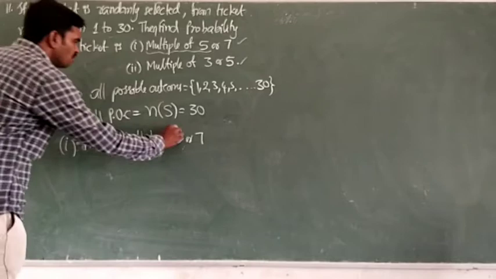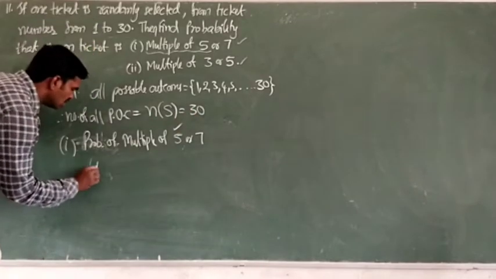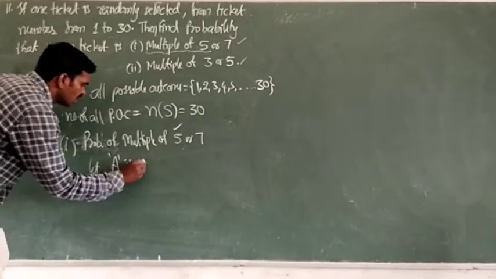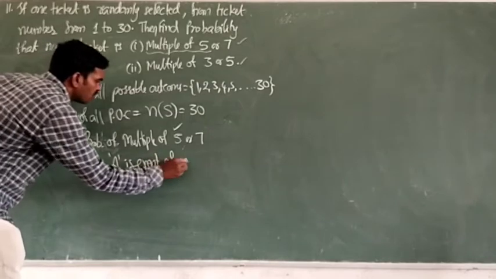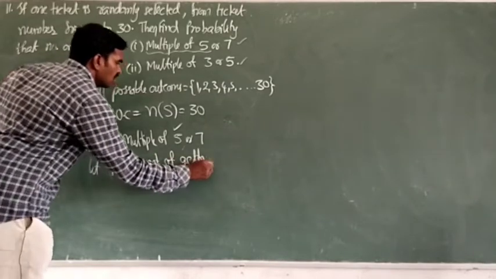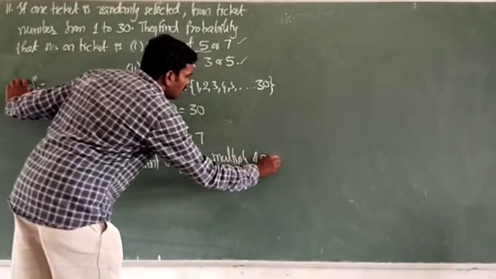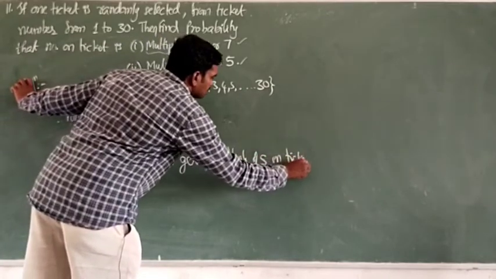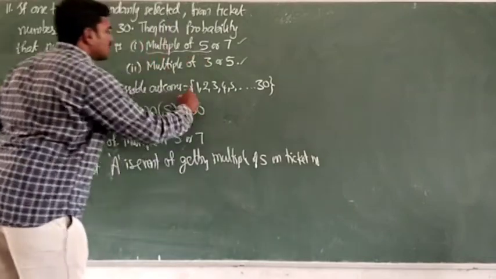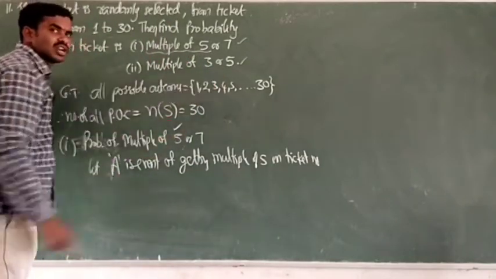Okay, first for 5. So let A be the event of getting a multiple of 5 on the ticket number. Actually we have ticket numbers 1, 2, 3, 4, 5, 6, and so on to 30.